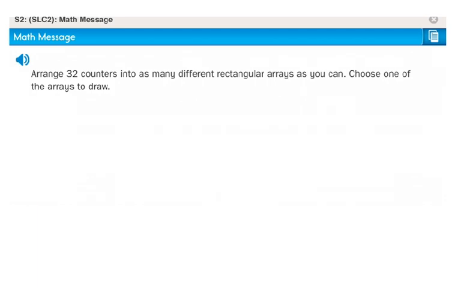This math message says arrange 32 counters into as many different rectangular arrays as you can. Choose one of the arrays to draw. Well, we don't have counters, unfortunately, but what we can do on our whiteboard is to think of what numbers multiplied together would give you 32.